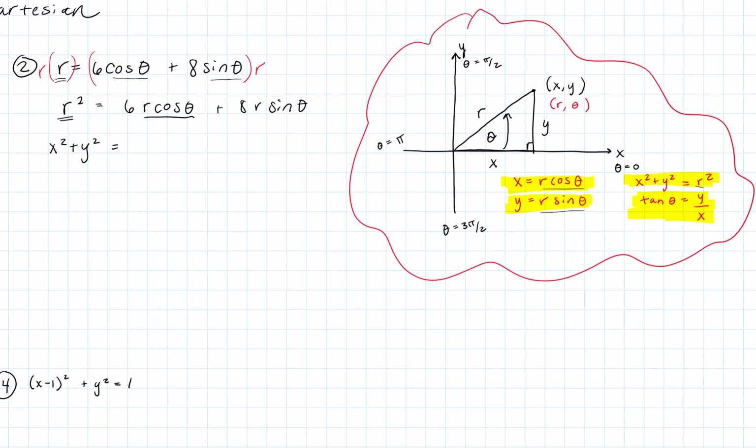And I know that r cosine of theta, like we just used, is equal to x, and r sine of theta is equal to y. And I now have an equation in the rectangular or the Cartesian coordinate system.